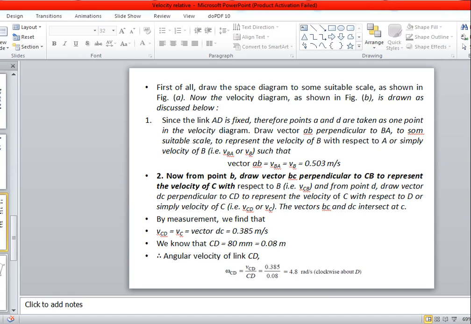If you want a common answer, you have to convert back using the scale factor. If you take 1 meter per second as 10 mm and draw it, and then get a result as some unit value, after that you have to convert it to the given units using the scale factor. If you give the answer differently, then all answers will be different. You have to convert back to the same scale factor.